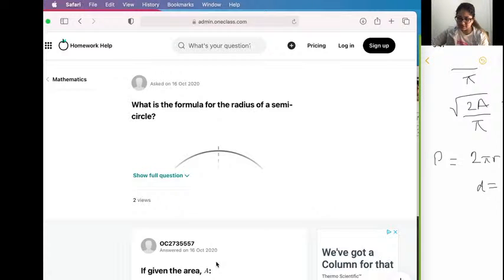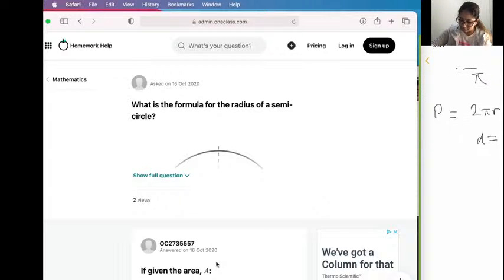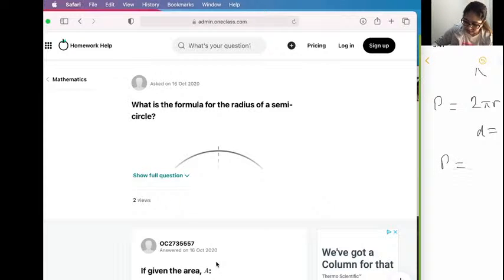So the easiest thing to do, since we have two variables, is to make this expression in terms of r, because we're trying to find r. What we can do is substitute 2r for d, and what we get is p equals 2 pi r plus 2r.